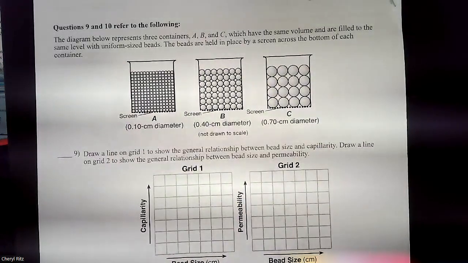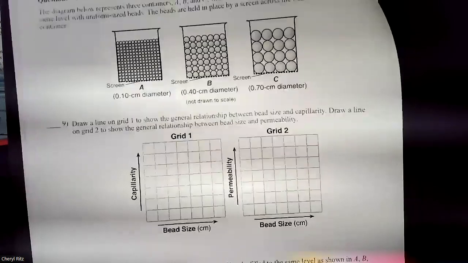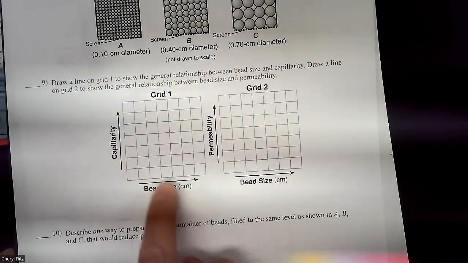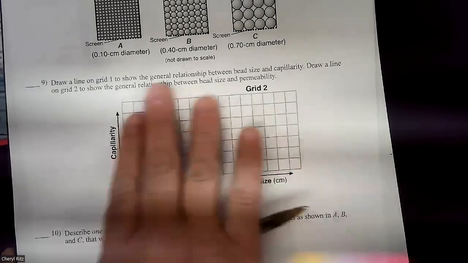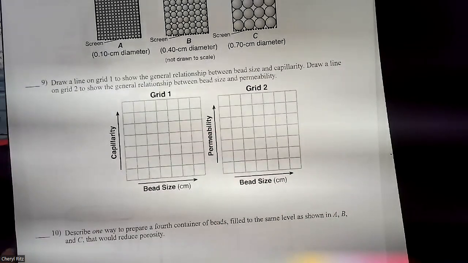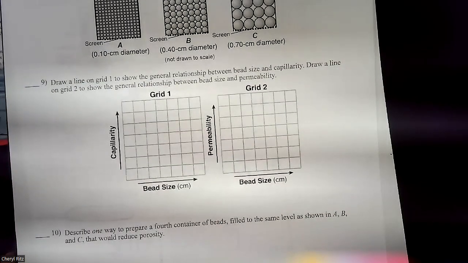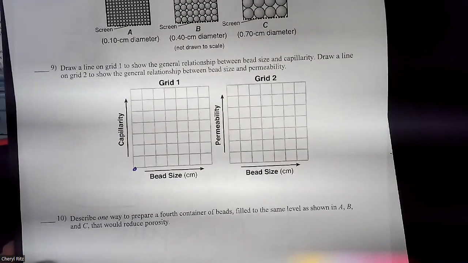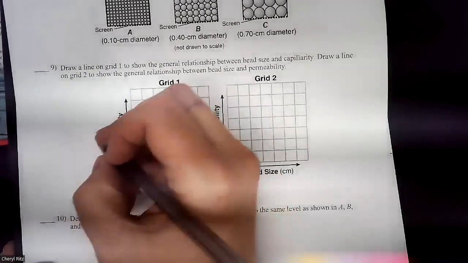This one, again, I think was a vocab word problem versus a knowledge problem. So we want to draw the relationship between bead size and capillarity action. You get these blank graphs with just arrows on it. What does it mean, right here for bead size? 0 or really small.